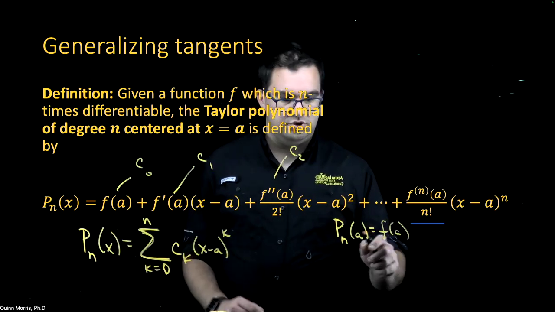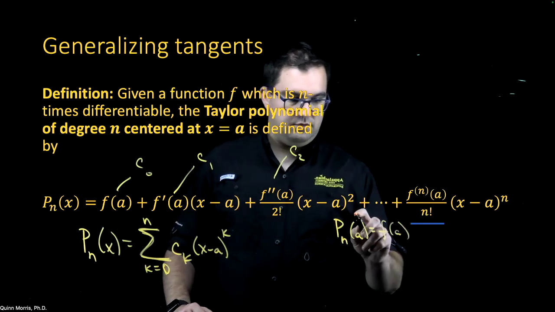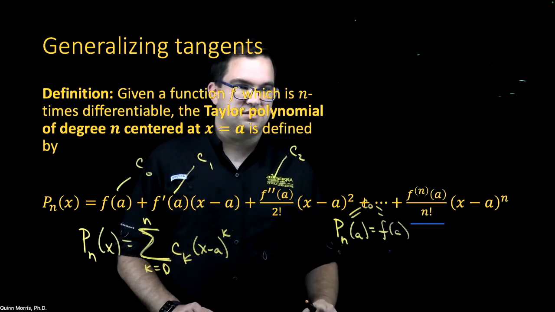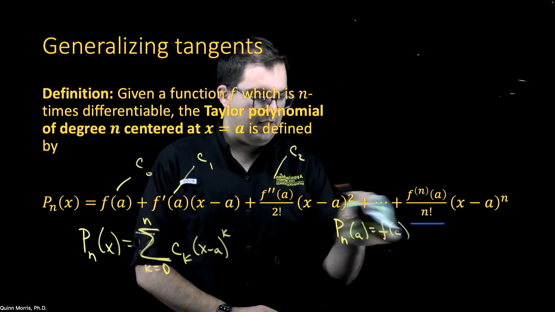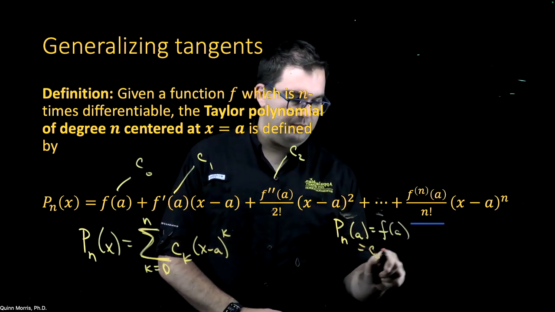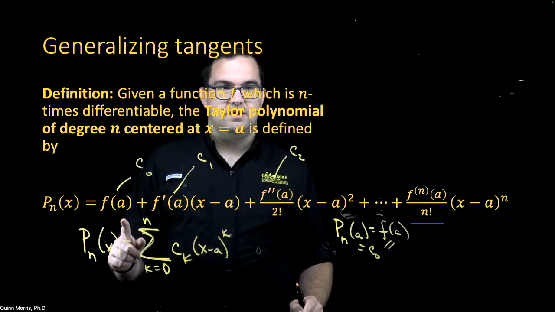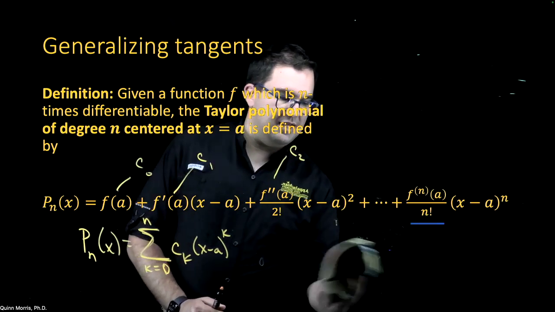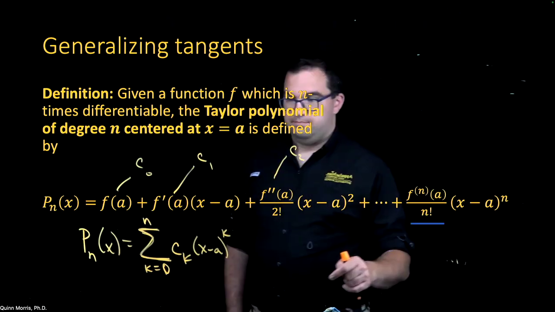So what you get is that P sub n of a is just equal to c0. So c0 has to be equal to f of a. So your 0th coefficient has to be f of a. Okay. And you continue in this way. And if you think in general about the nth coefficient, okay.